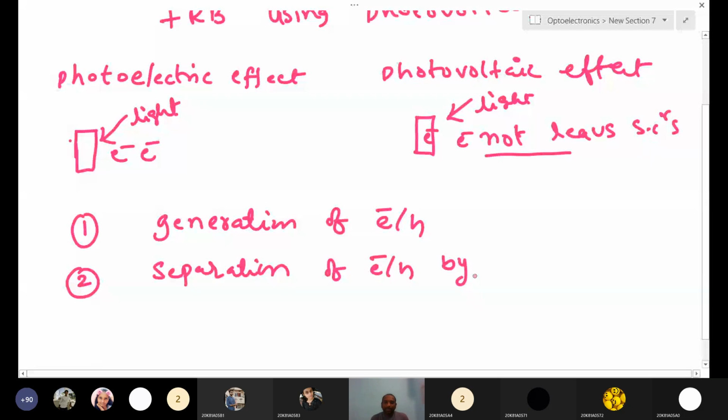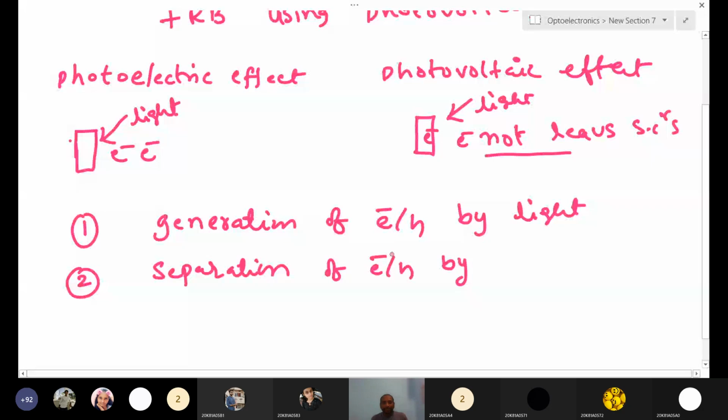We are generating electrons and holes by light energy. But after generating them, we are separating these electrons and holes. How are we separating them? What are we utilizing?